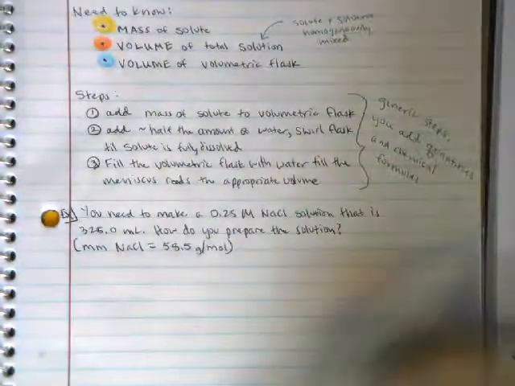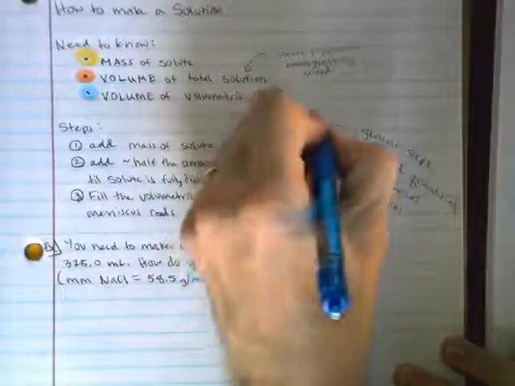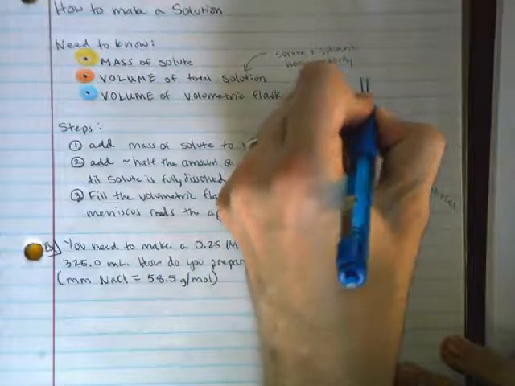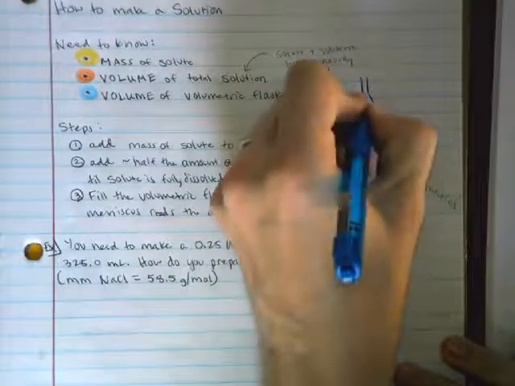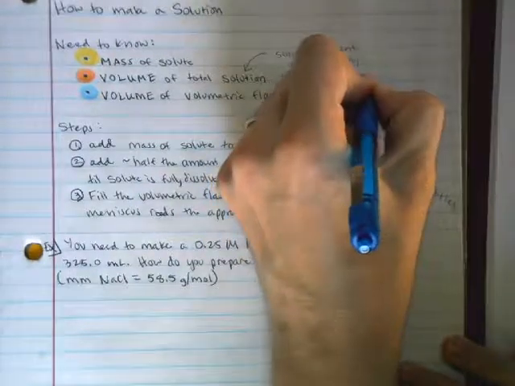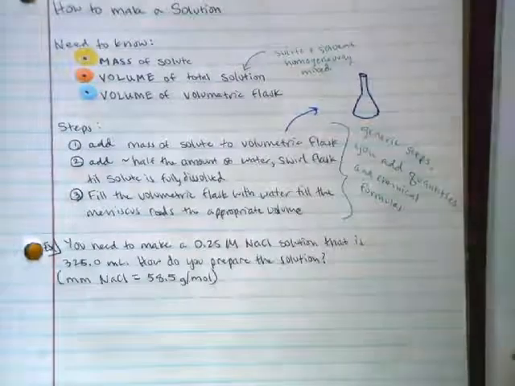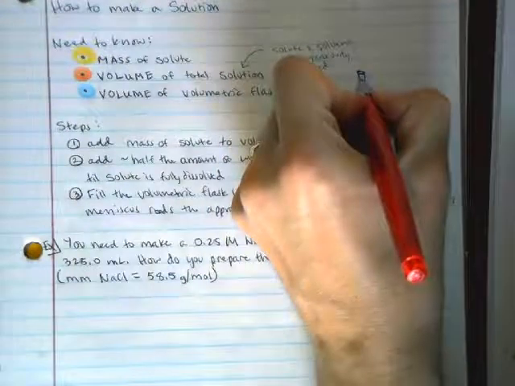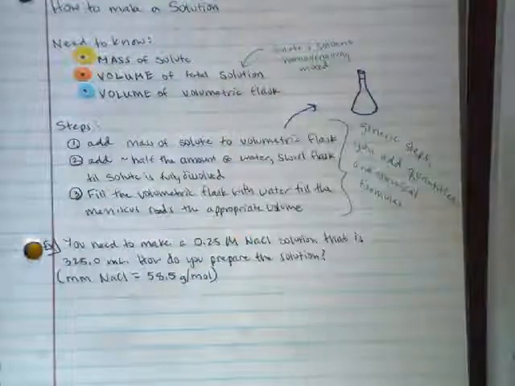Remember, the volumetric flask is the one that looks like this. It has a skinny neck and then the triangular bottom, like that. Okay, and it does not have measurements going up the side like an Erlenmeyer. It just has one etched glass line.